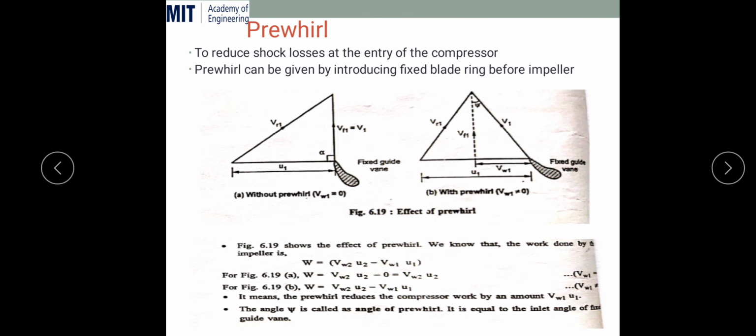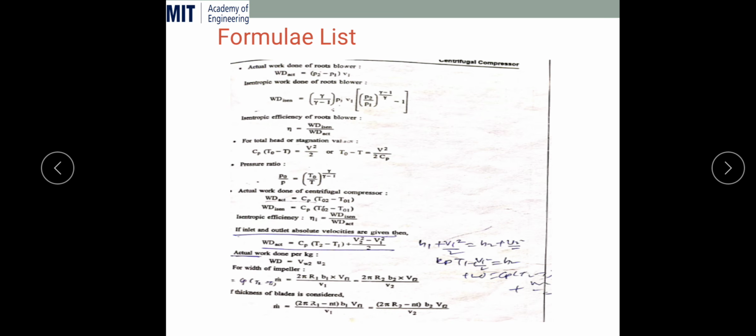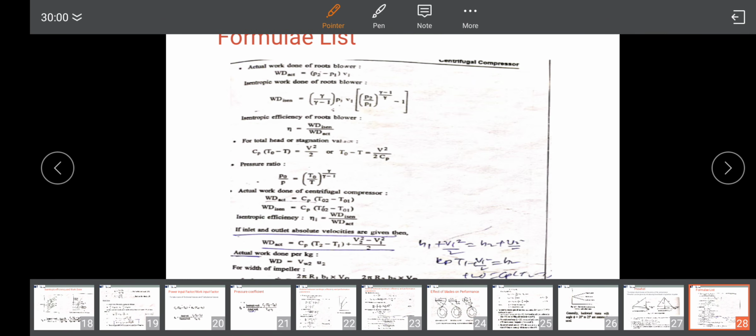To avoid this, pre-whirling is very important. The angle psi is called the angle of pre-whirl, and it is equal to the inlet angle of the fixed guide vane. Just like the guide vane angle in turbines, there is an angle of pre-whirl here. So this is the end of the centrifugal compressor.